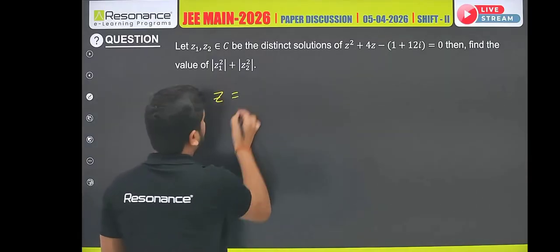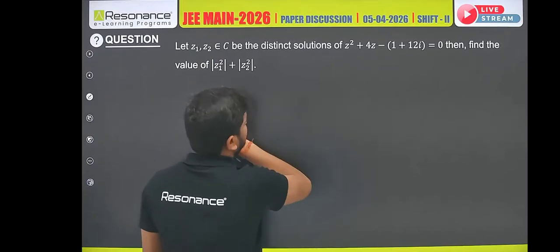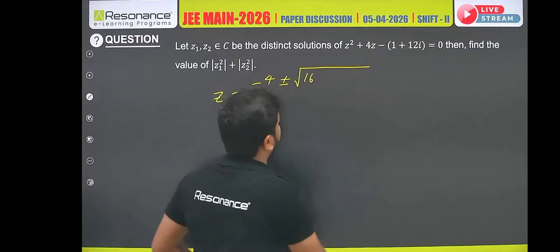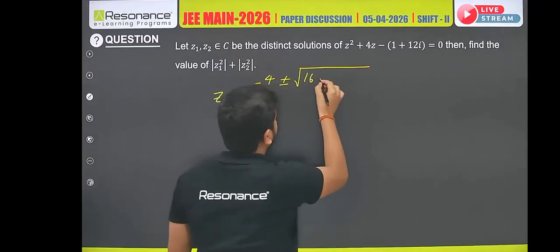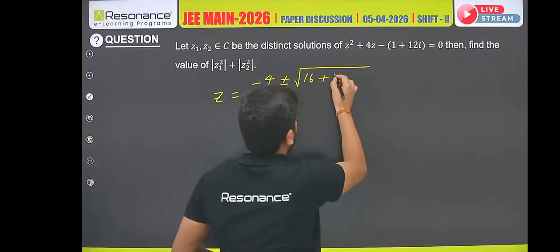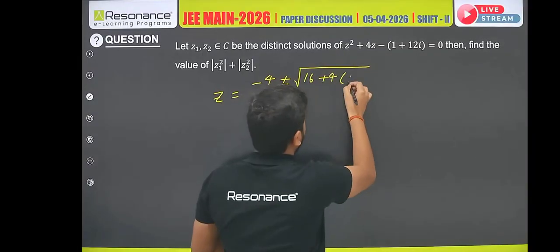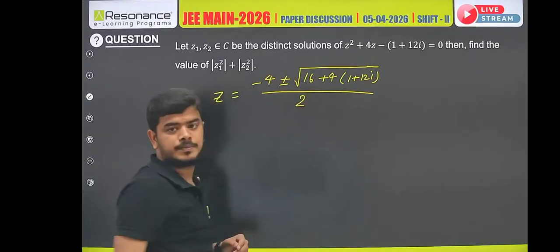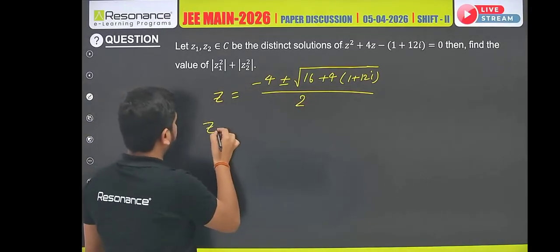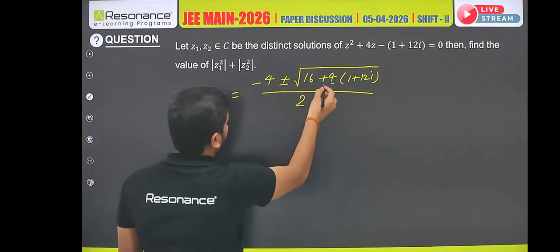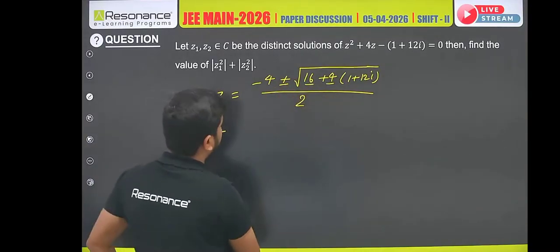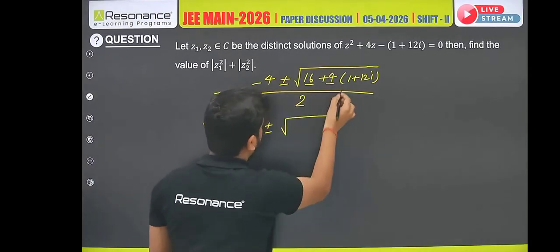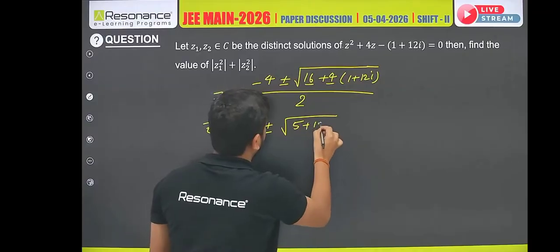Apply the quadratic formula: z is equal to minus 4 plus minus root of b square, which is 16, minus 4ac, which becomes minus of minus plus 4, a is 1 and c is 1 plus 12 iota, whole divided by 2a. Now simplify, take common 4 from here and then divide by 2. You will get minus 2 plus minus under root 5 plus 12 iota.